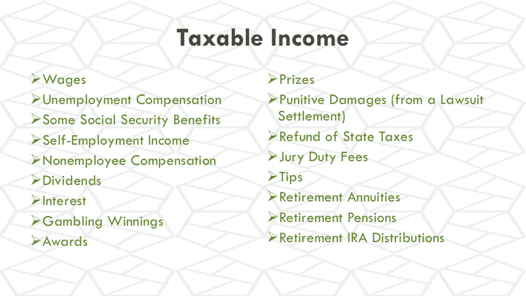This is not an exhaustive list of taxable income, but these are the most common sources that we will see at our SaveFirst sites. So you should become familiar with these. We're going to be talking about all of these throughout this training course.